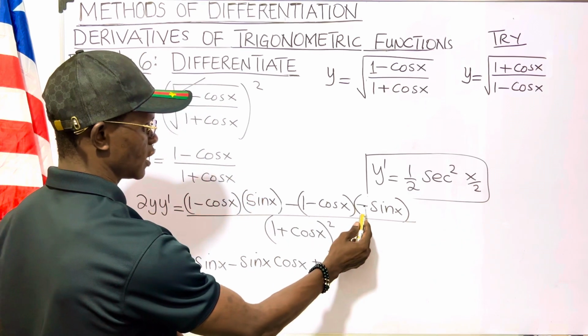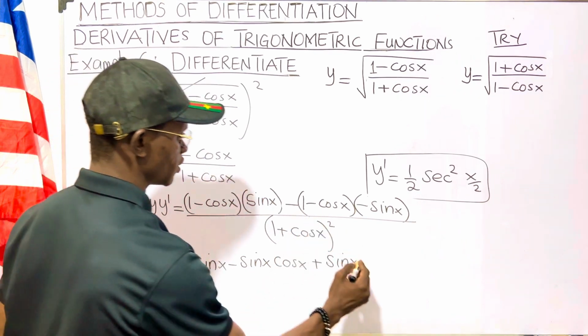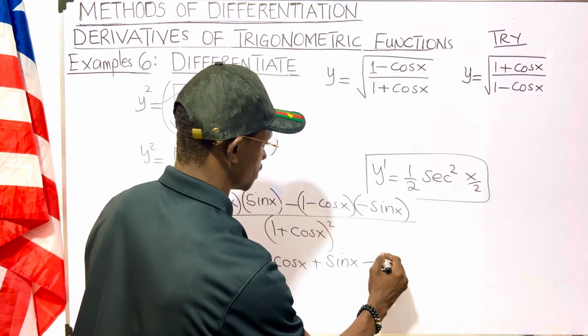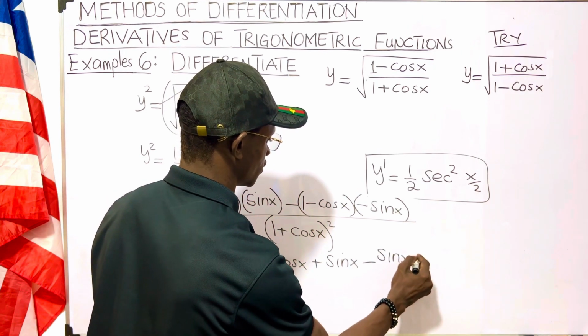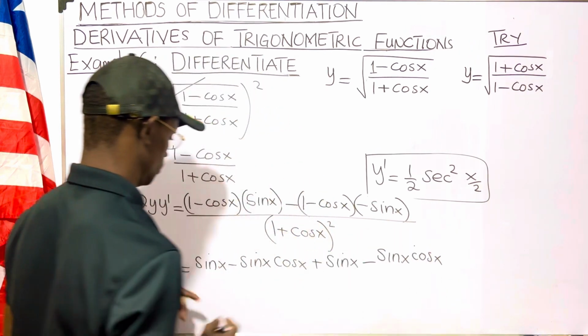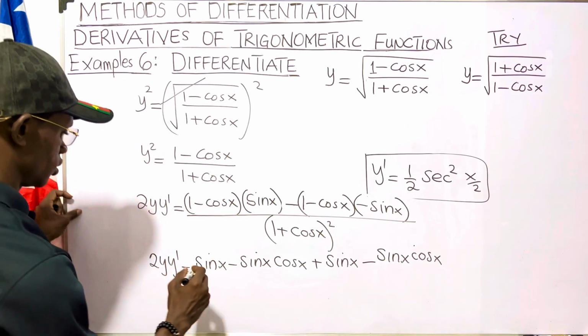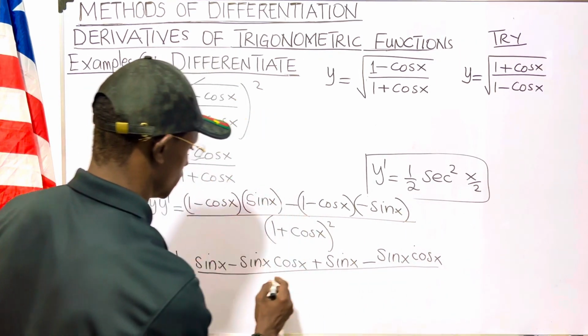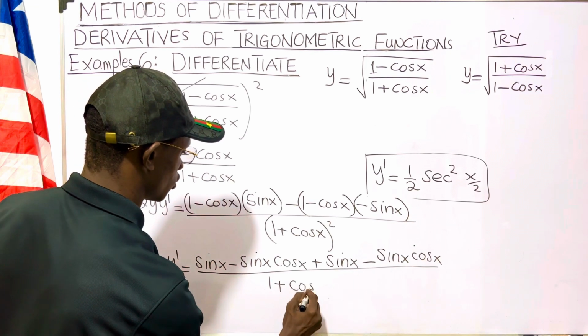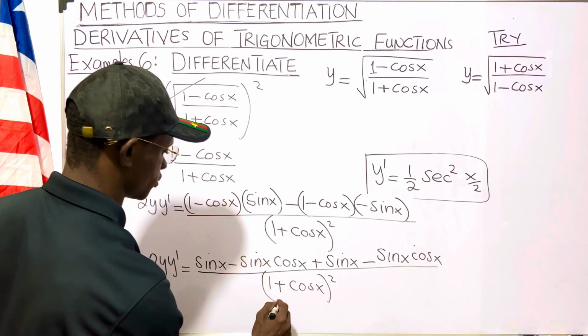And then negative times negative is positive, times this one is negative. So this gives us sine of x cos of x. So all divided by 1 plus cos of x all square.